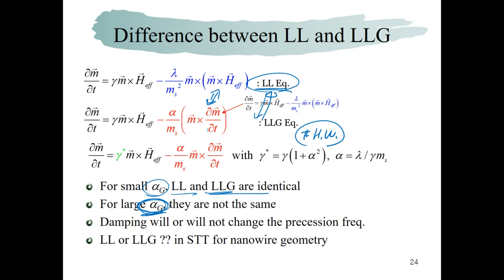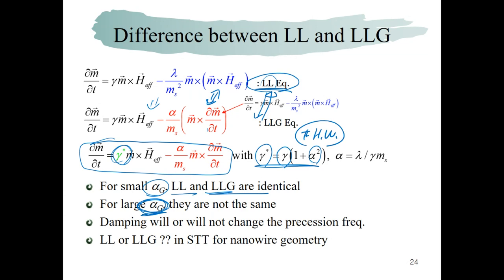So in this slide is the comparison of these two equations. We can convert the LL equation to the LLG form and obtain this relation. And here the gamma value is changed by this relation. That means if the damping constant alpha is small, then gamma star is almost identical to gamma.